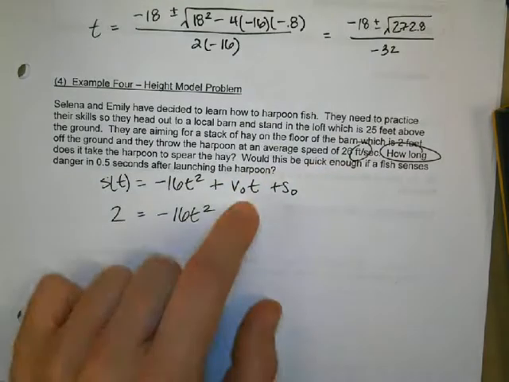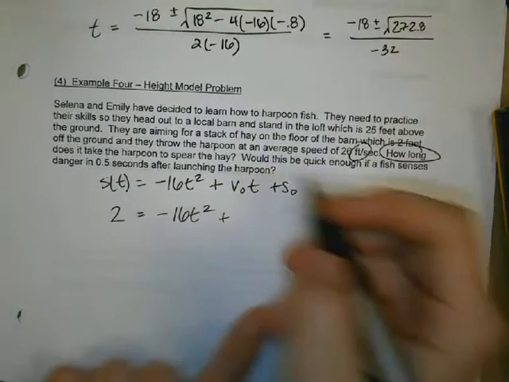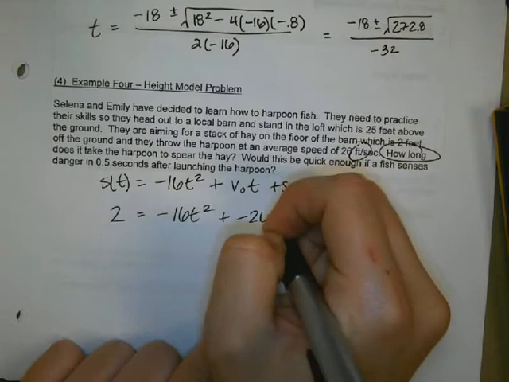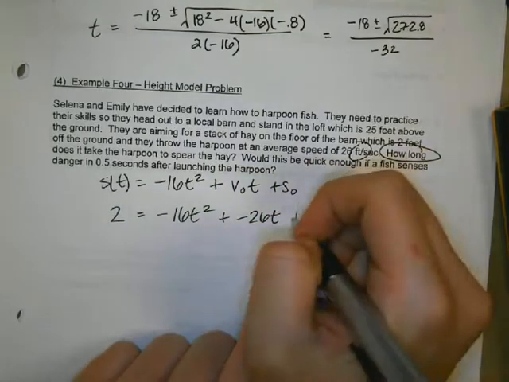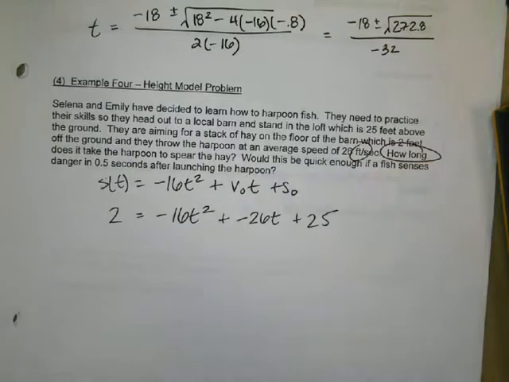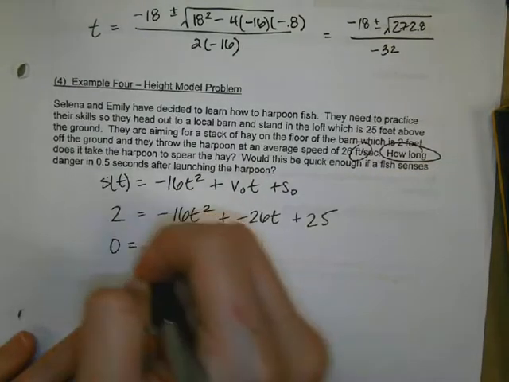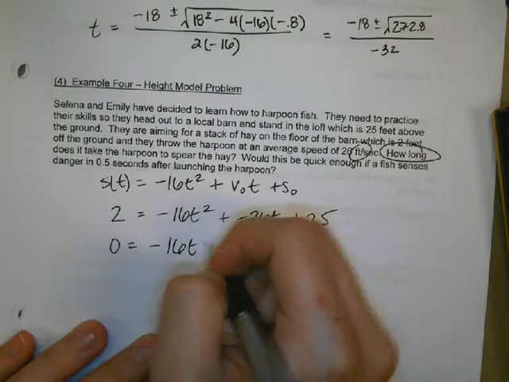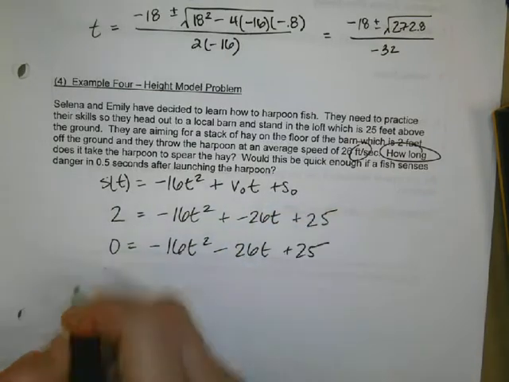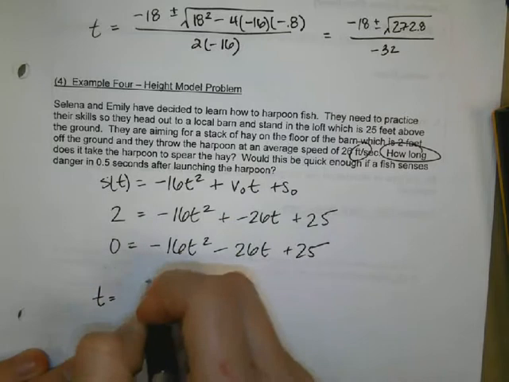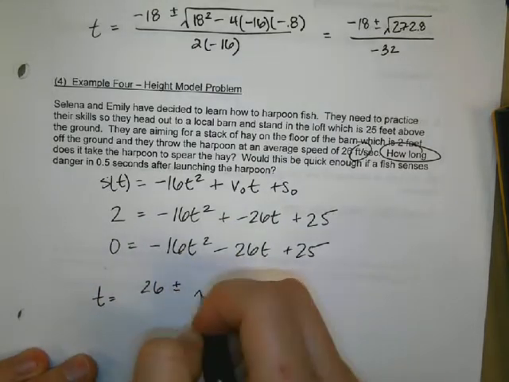V sub 0 is how fast it's going, and since they're throwing downward, it's going to be a negative 26. And my initial height is 25. Okay. Get everything equal to 0. And then we're going to go ahead and put it into the quadratic formula.